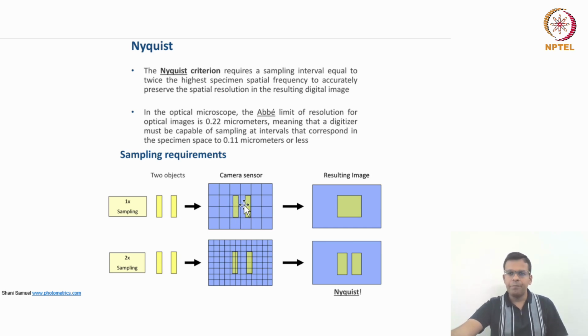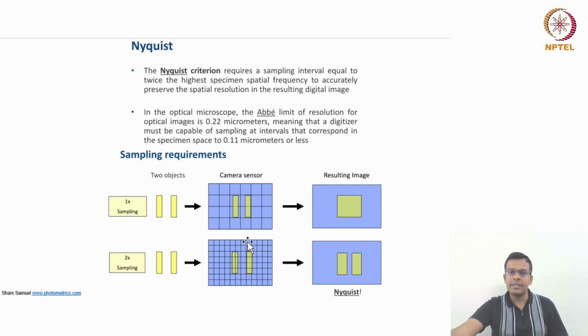Okay, but let's say instead you use a camera chip with a smaller size pixel, then what will happen? There are some empty pixels in between these lines, and because of that it will produce an image like this, in which you can see that there are two different lines instead of a square box. Okay, so how to determine this XY pixel size?